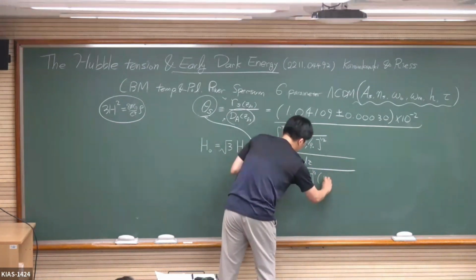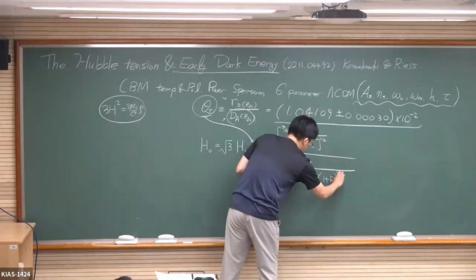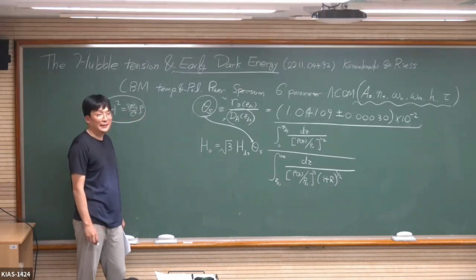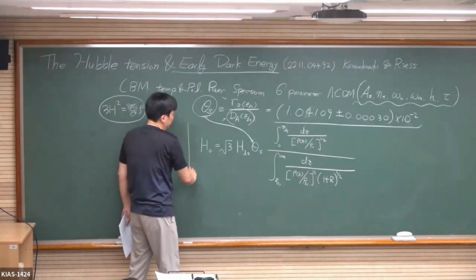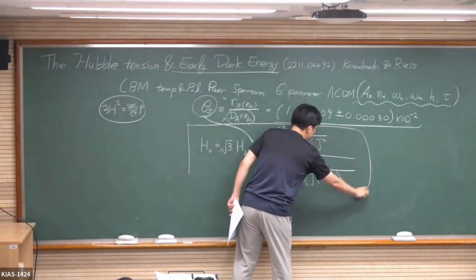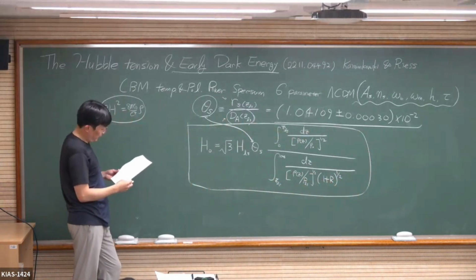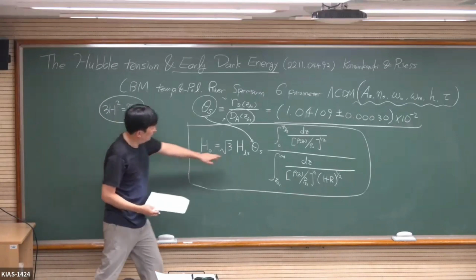So if you are to do some theoretical modeling of Hubble tension, that's the master equation that you have to consider. Right. And then let me spell out a little bit for how these are related.